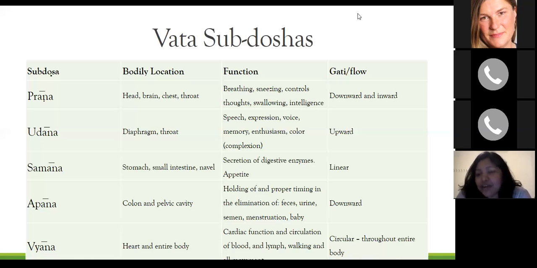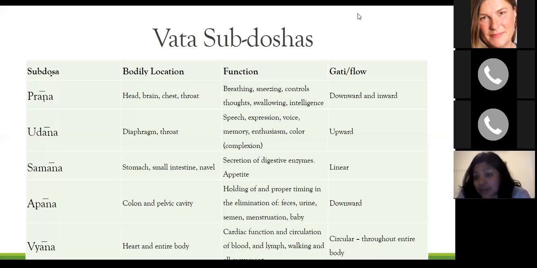So when there is an abnormality in the flow of Vata, especially here in the flow of the Samanavata, that starts to affect the flow of the other Vatas as well. So, for instance, if a person is constipated, there is a problem with the Apanavata because that's responsible for elimination of fecal matter. So there's an actual block.